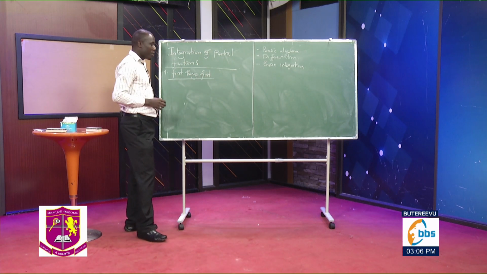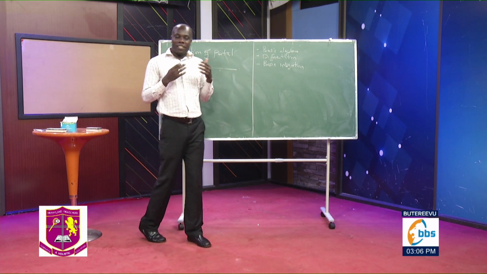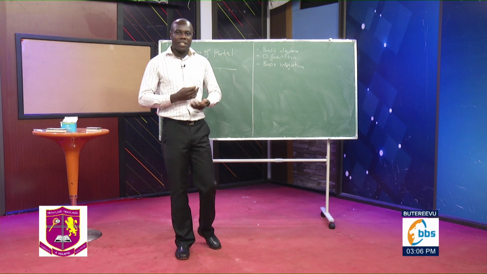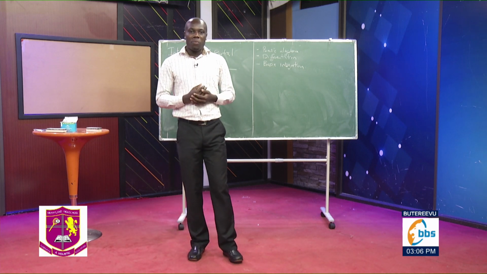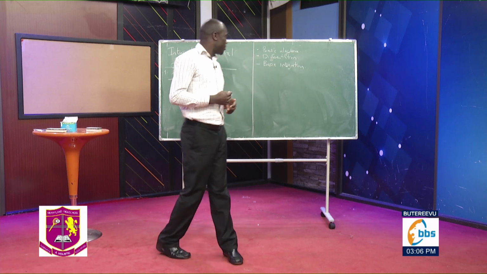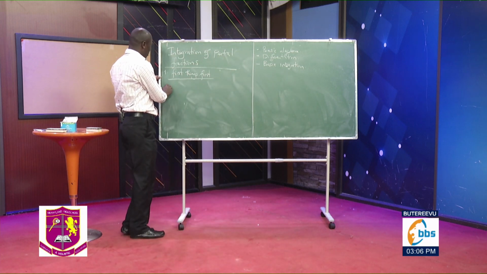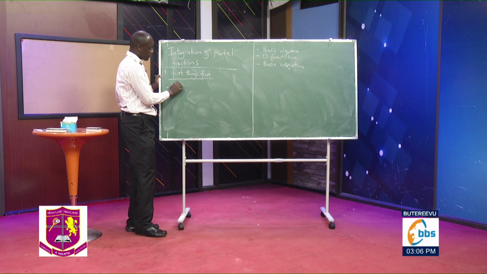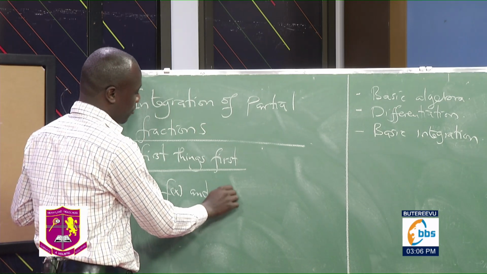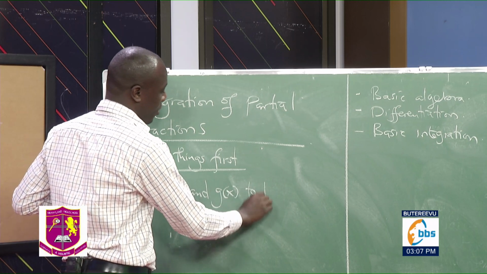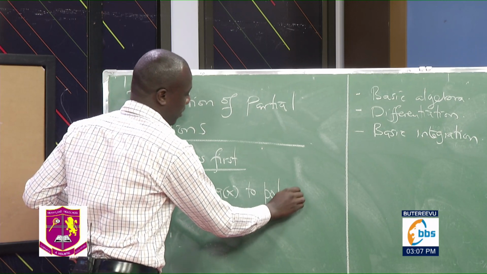What a weird heading. Here, we just want to get some few definitions to set the language we are going to use so that we may be able to communicate. First of all, we shall let f of x and g of x be polynomials.